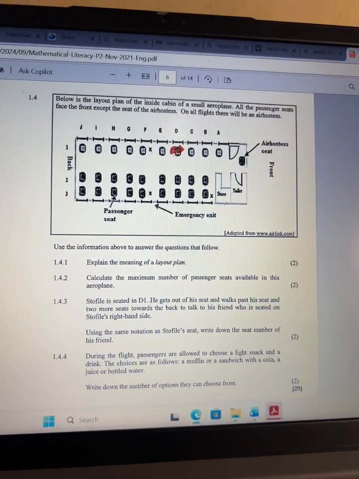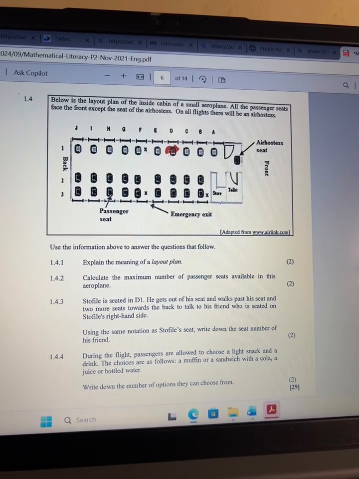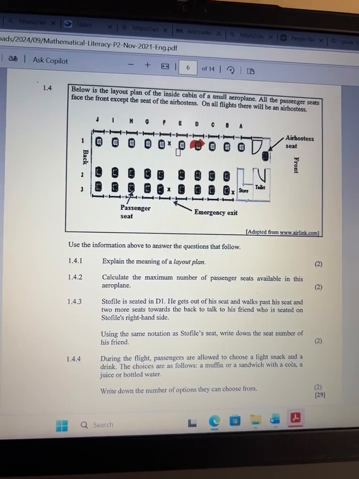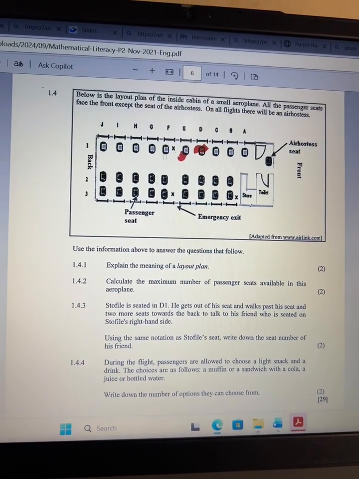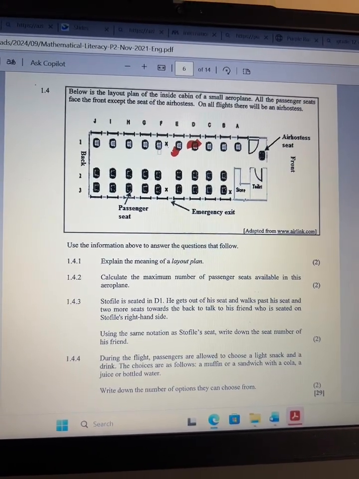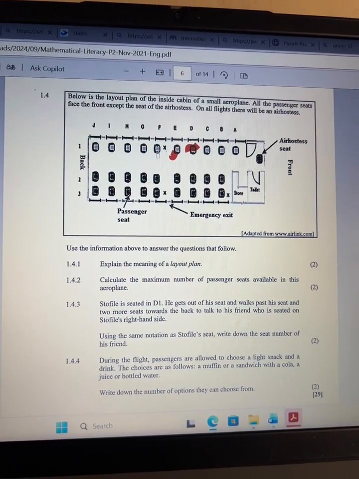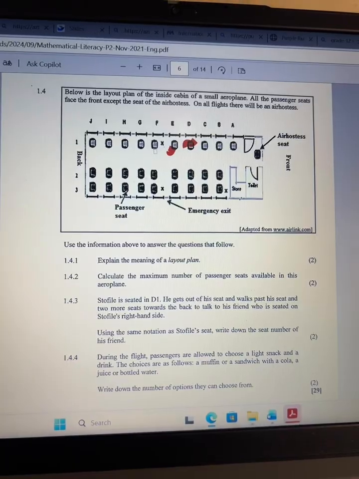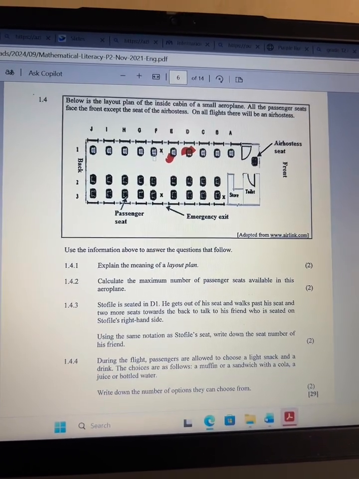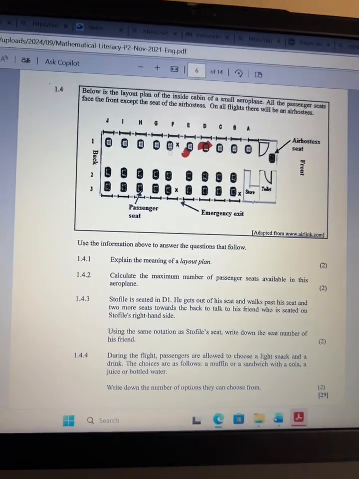He gets out of his seat and walks past his seat and 2 more seats towards the back. 2 more seats towards the back is this one and this one. And then he talks to his friend who is seated on Stoffel's right hand side. Using the same notation as Stoffel's seat, write down the seat number of his friend.